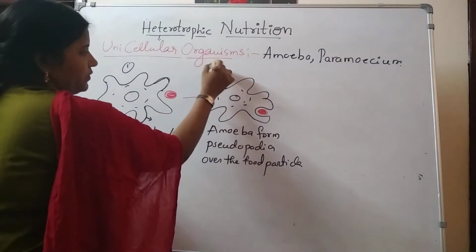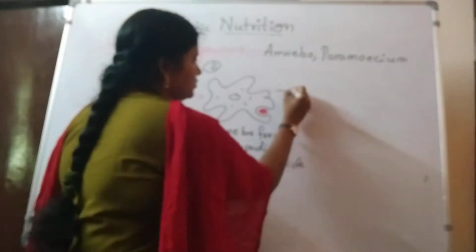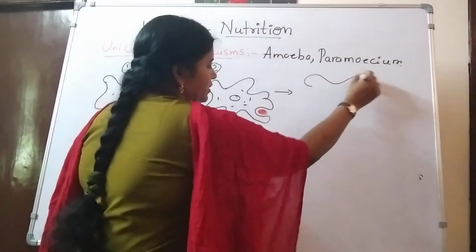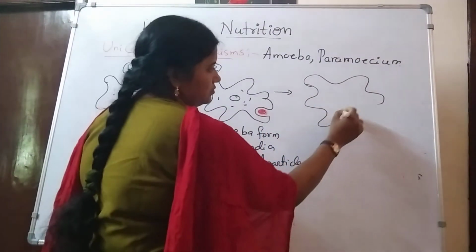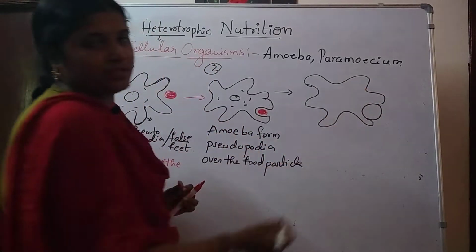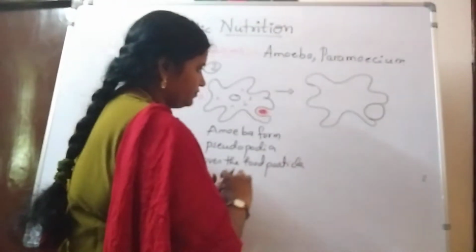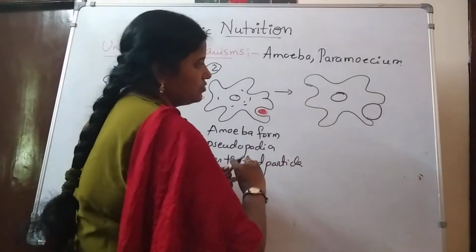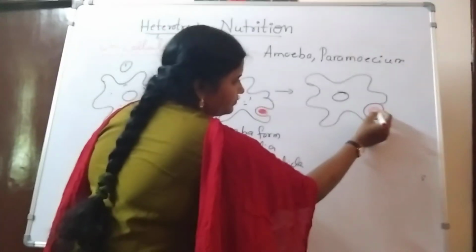And then the third step. Same here, amoeba only. What happens? It forms a food vacuole from the cell membrane, okay. So inside it contains the food.